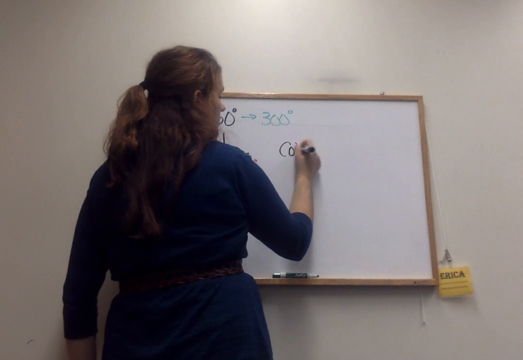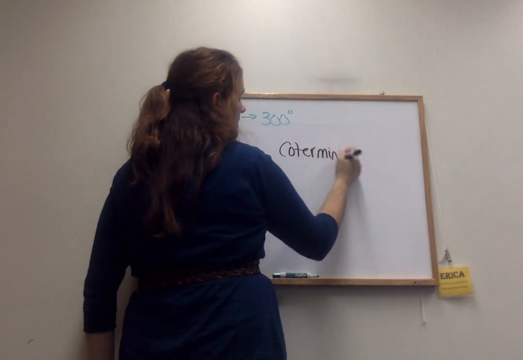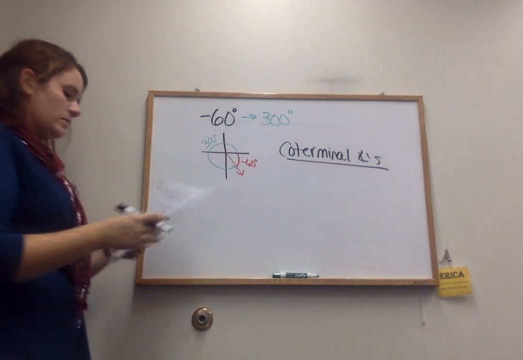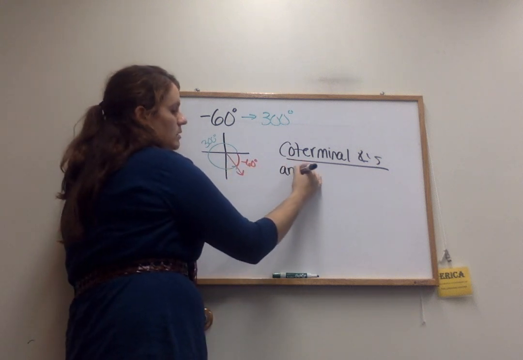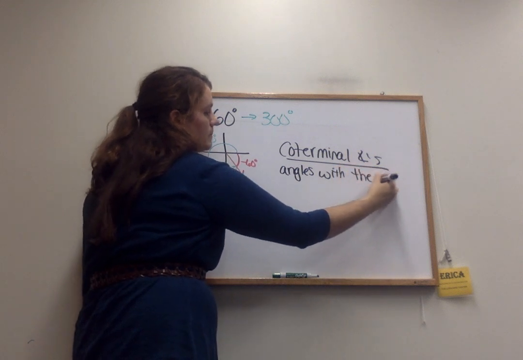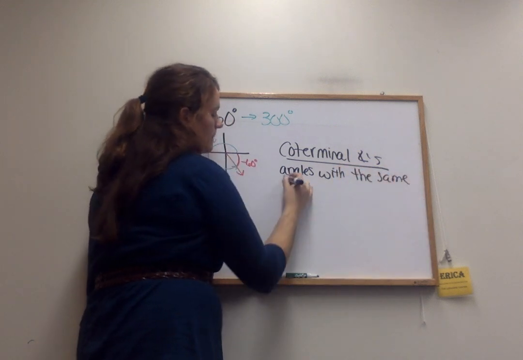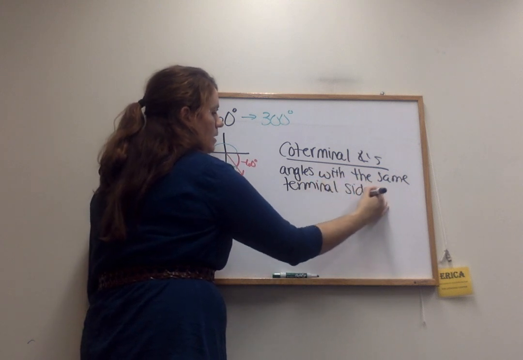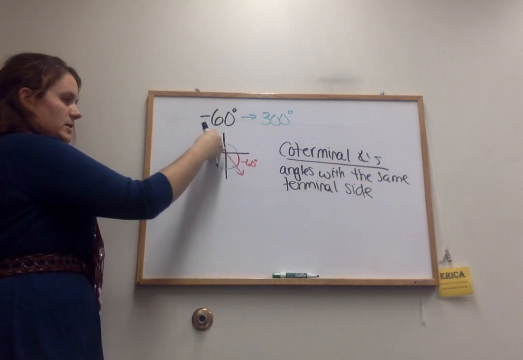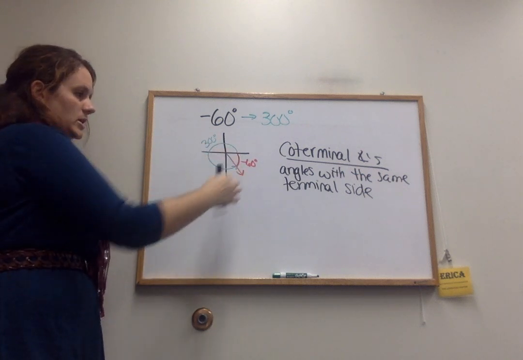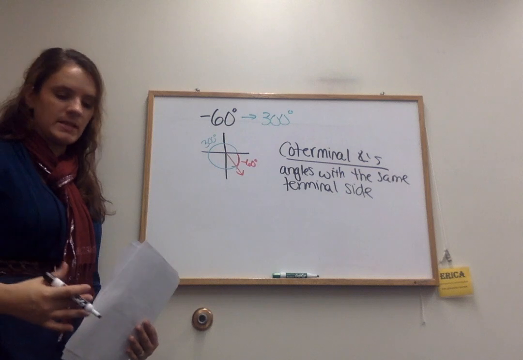So, coterminal angles. And those are angles with the same terminal side. So we can see that negative 60 degrees has a terminal side right here in quadrant 4, and 300 actually has the same exact terminal side.